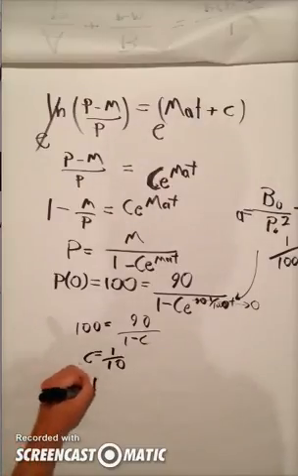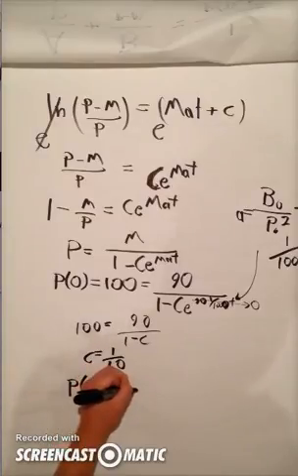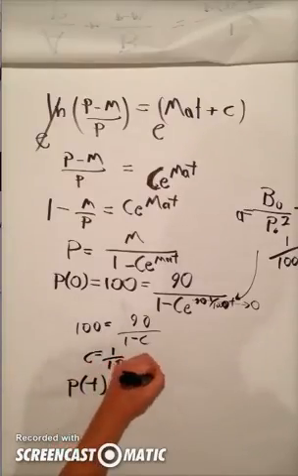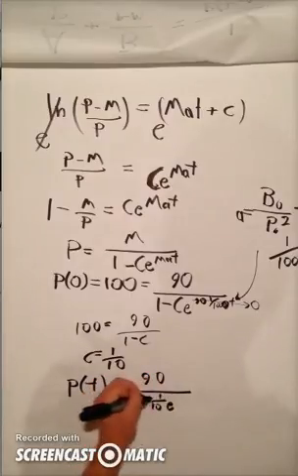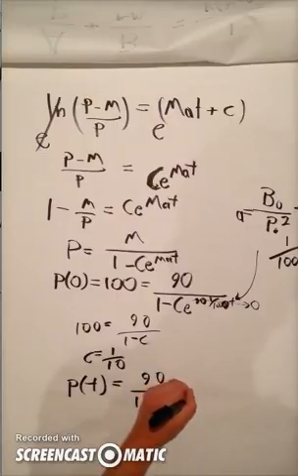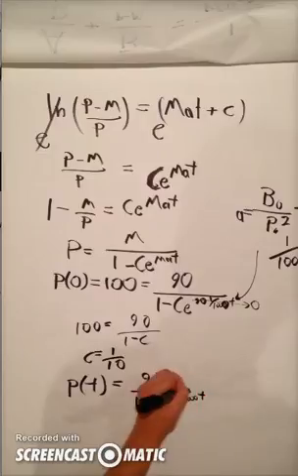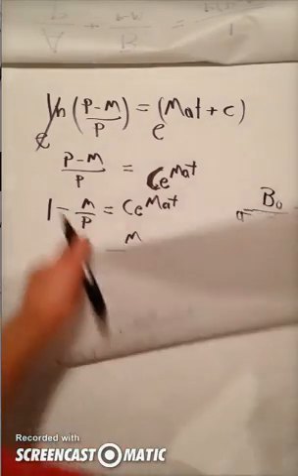All right, so now we have our full P(t) equation. There it is. But now we need to know when our population reaches 10 times the threshold population, which was 900. So, next page.